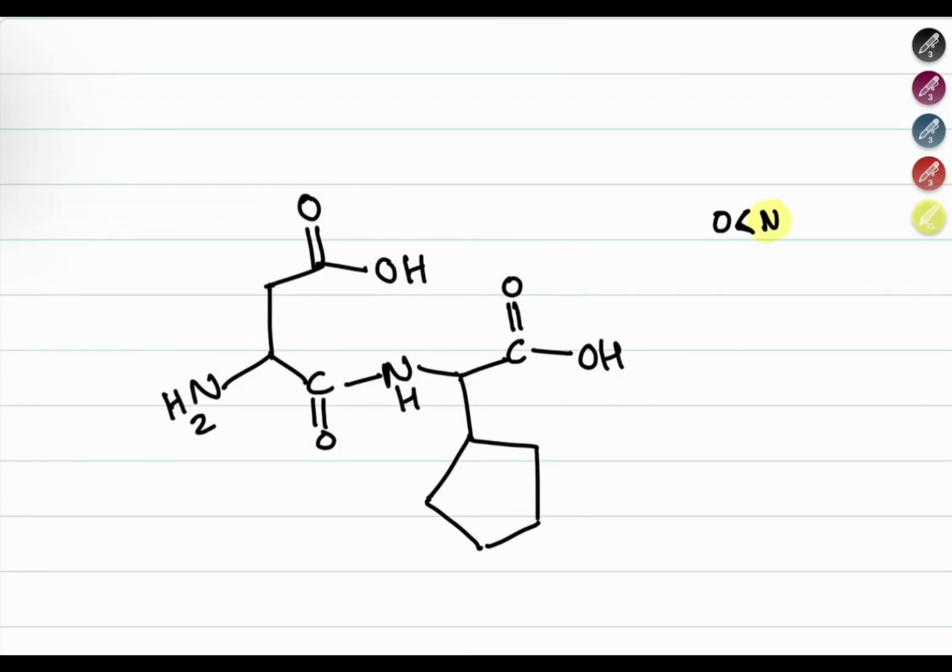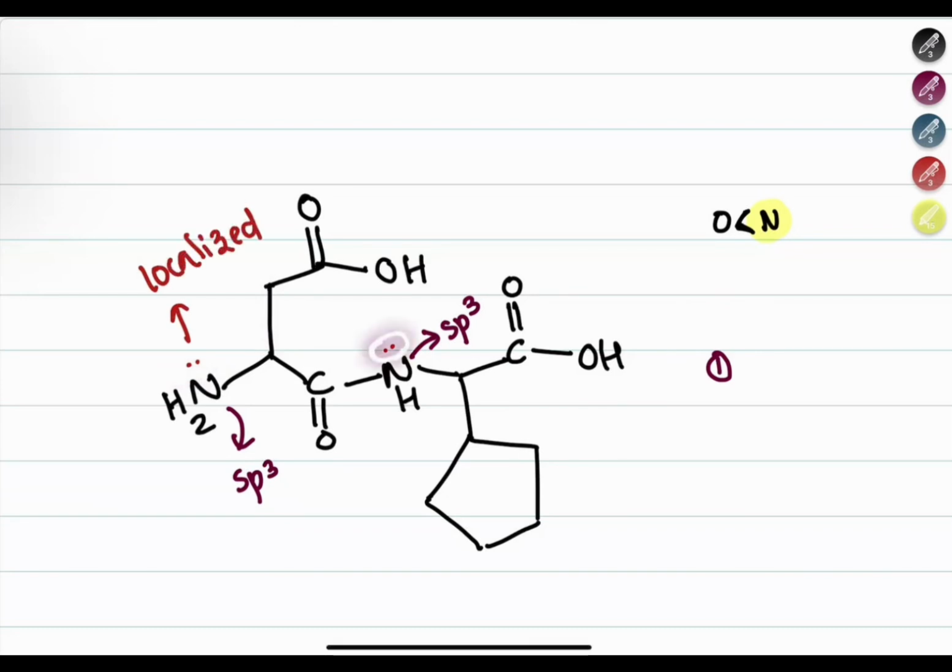Now there are two nitrogens in our molecule. This nitrogen is sp3 hybridized. This nitrogen is also sp3 hybridized. Now the first criterion is that we have to look for delocalization. This lone pair does not have any adjacent double bond. That means this is a localized lone pair.